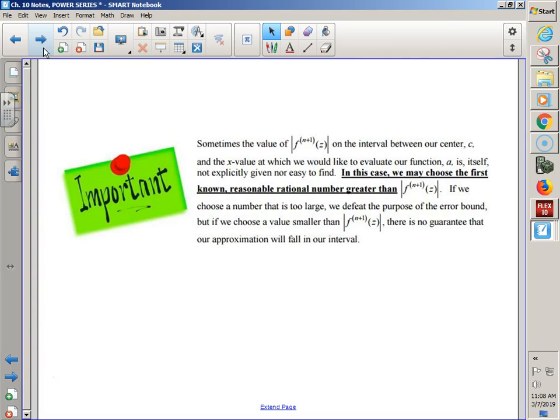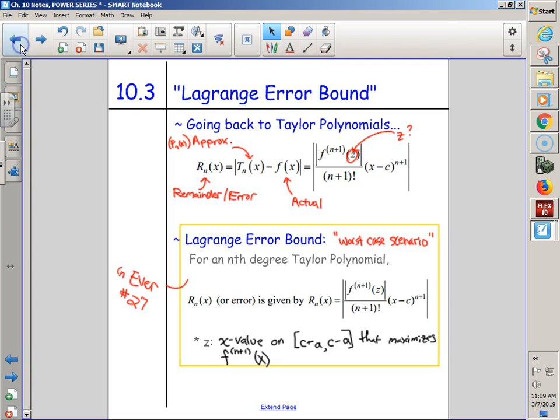What they're saying is, if we get to one of these cases, and usually it has to do with trig, to be totally honest, we may choose the first, I know it's really awkward and sad and ambiguous wording, the first known reasonable, what's reasonable? Rational number greater than. We're going to be looking as much as is possible on this interval.